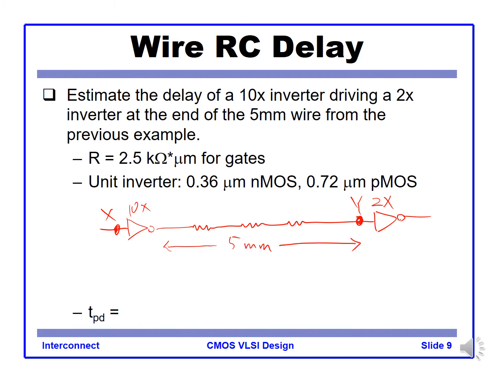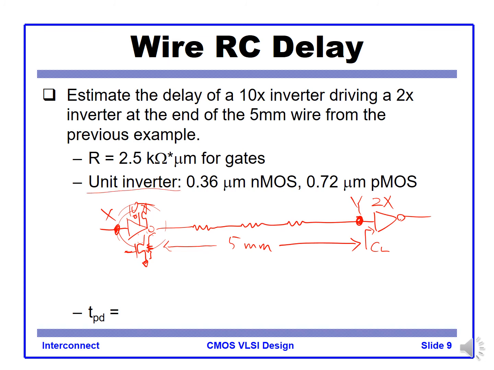This wire length is 5 millimeter. First, we have to estimate how much the driving resistance is and how much the load capacitance CL is.